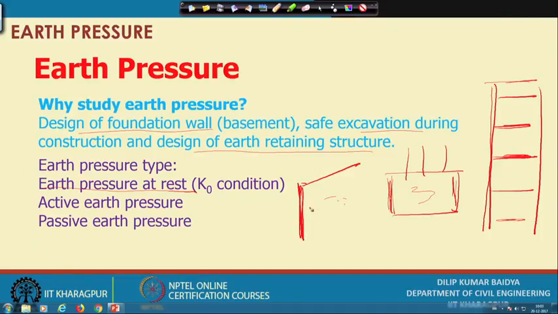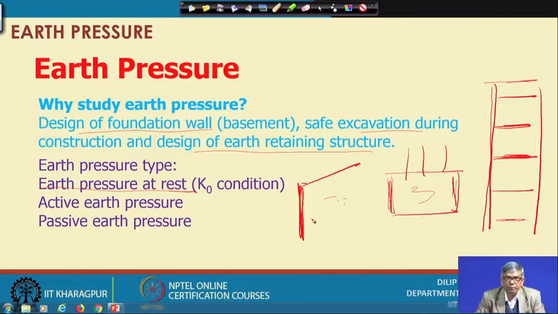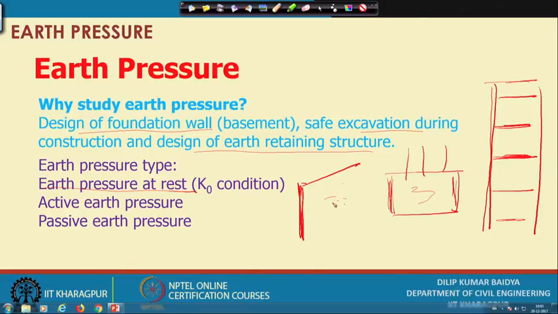Then whatever pressure comes on the wall is called earth pressure at rest. But generally, when this type of backfill is there on the wall, there will be a tendency to move the wall away from the backfill, and sometimes the other way is also possible.